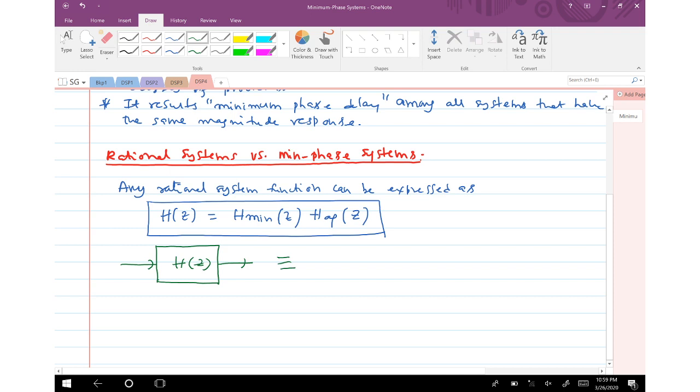The equivalent representation of that is always a concatenation of two systems, one having transfer function H min of z, concatenated with an all pass system.